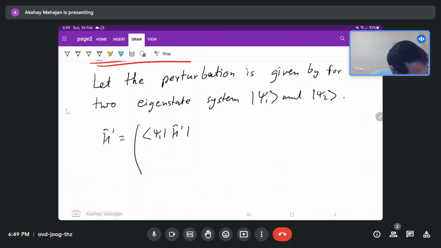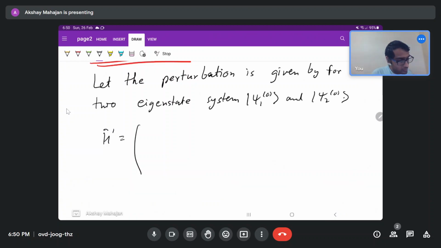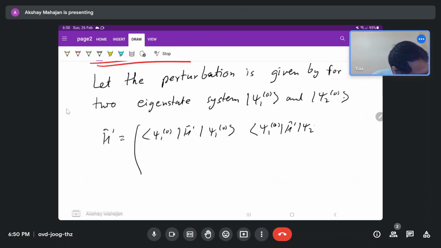In the 0th order, the matrix has elements psi 1 of the 0th order h cap prime psi 1 of the 0th order, psi 1 h cap prime psi 2, psi 2 h cap prime psi 1, and psi 2 h cap prime psi 2.